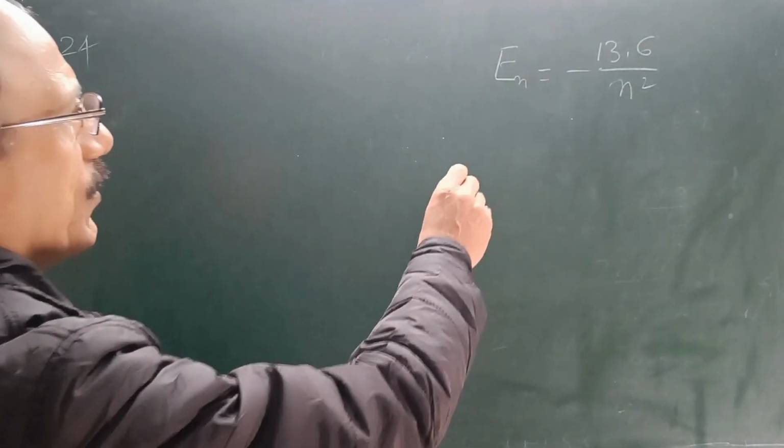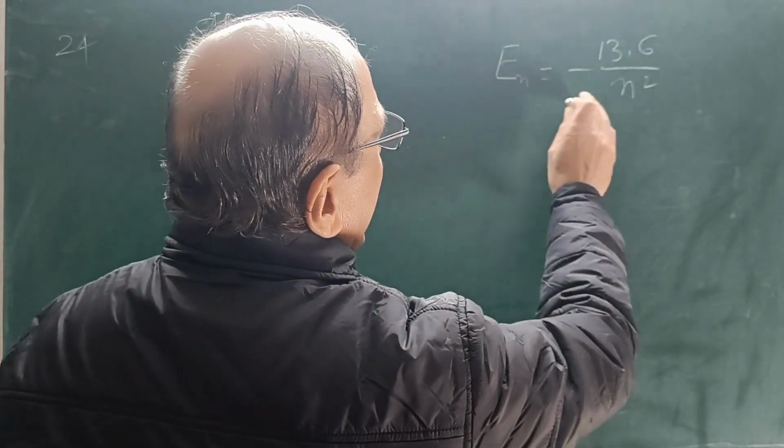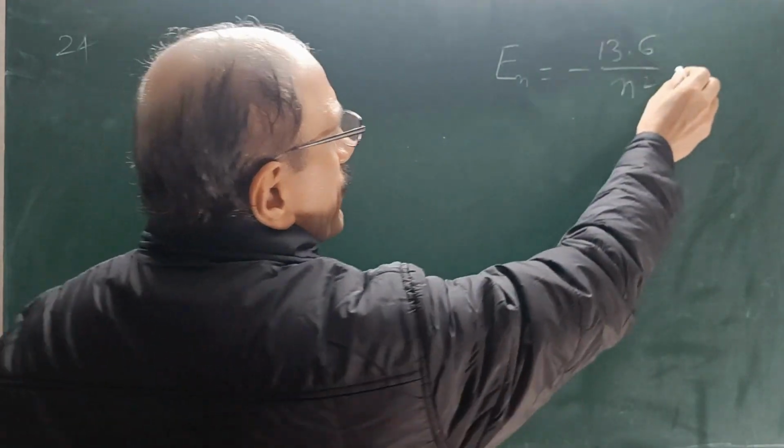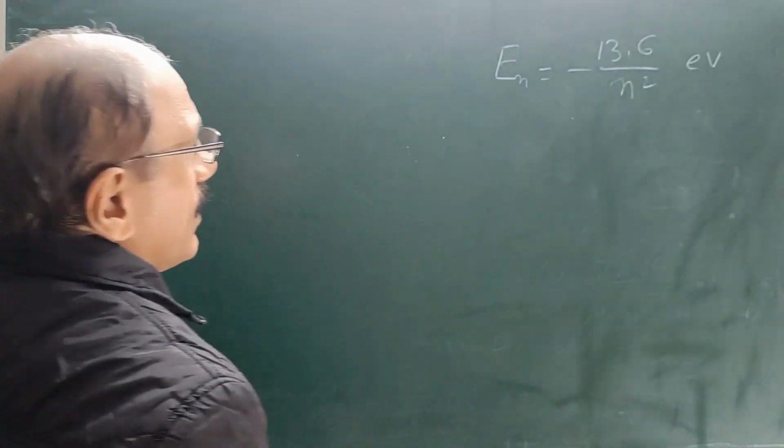The total energy of an electron in nth orbit is given by minus 13.6 upon n square electron volt.